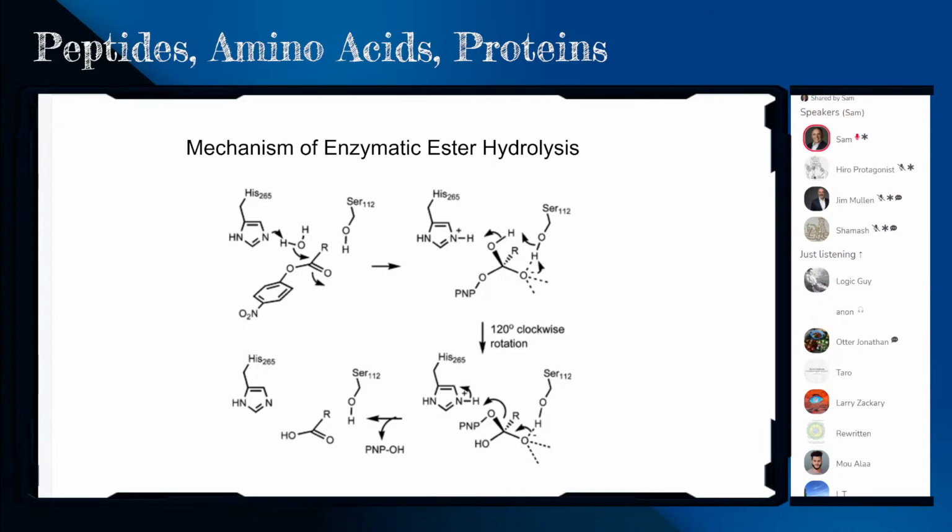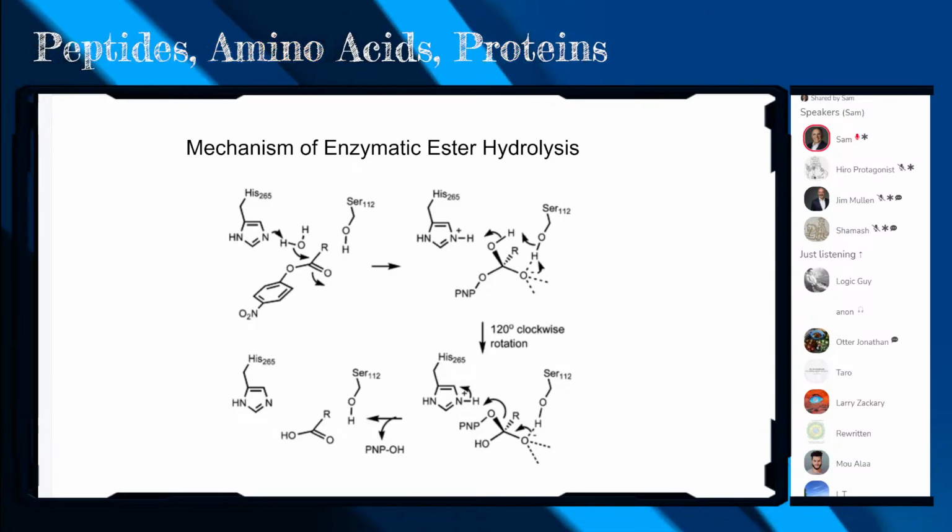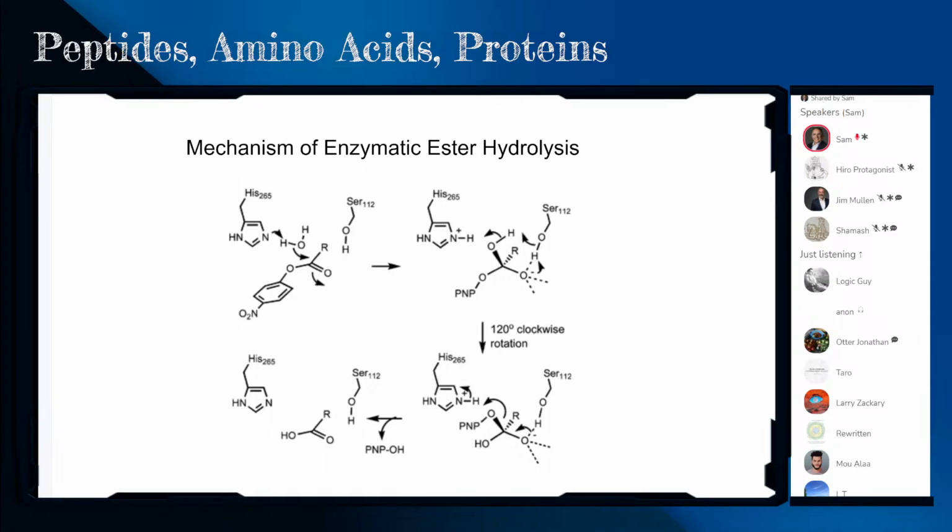So 6.022 times 10 to the 23. And that's how we measure concentrations, as number of molecules per volume. So here, moles per liter. So the concentration of enzymes is very, very low, right? Micromolar, nanomolar.